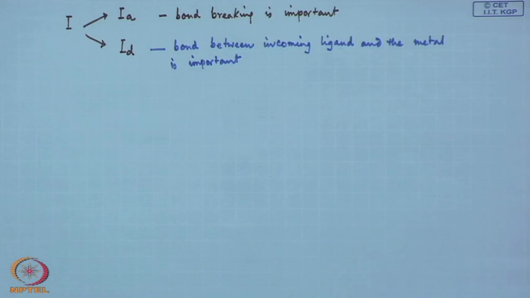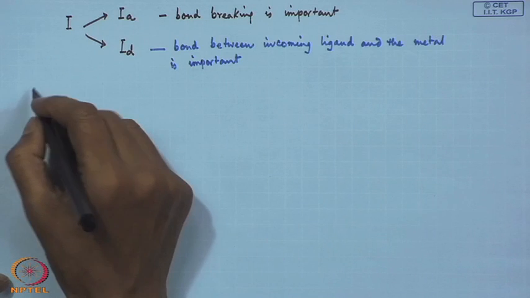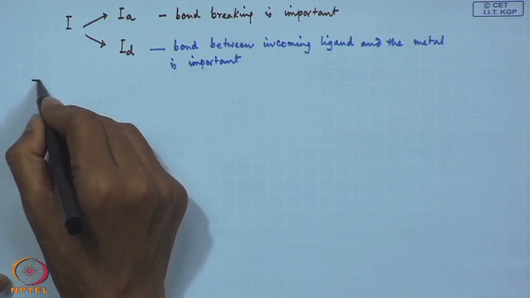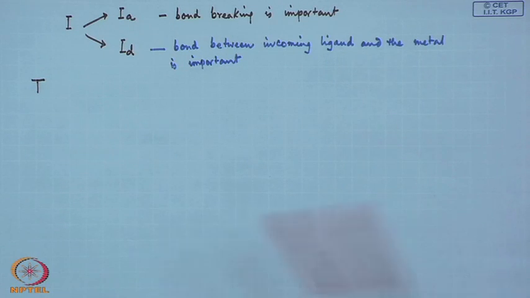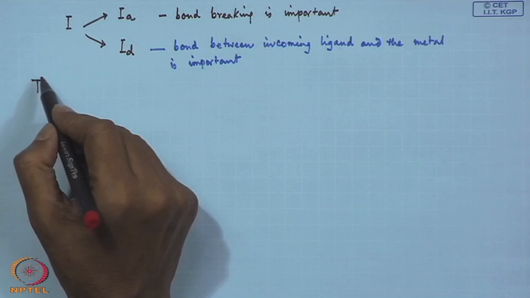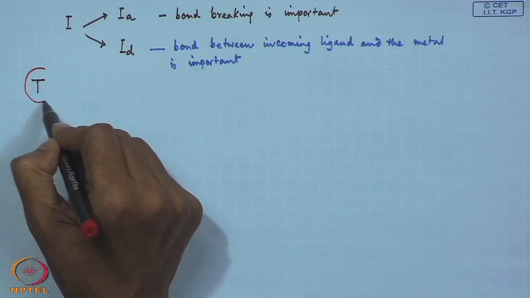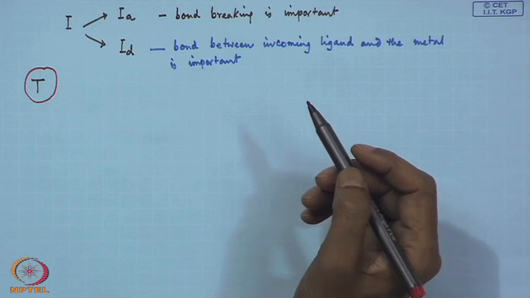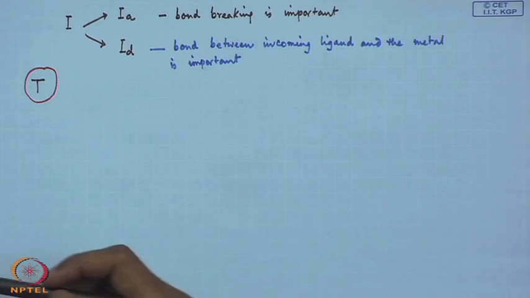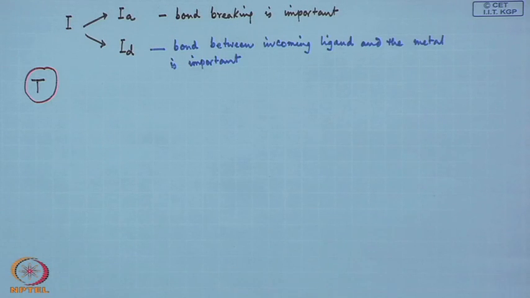So, for these different types of reactions, we now bring in the temperature parameter. So far we have been talking about the rate law and the concentration change for the different reaction patterns, that means the X concentration and the Y concentration, the leaving ligand and the entering ligand.